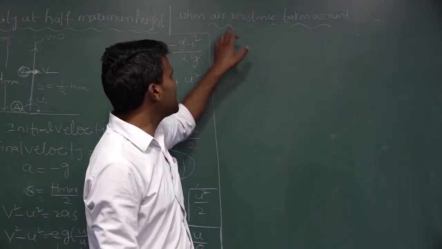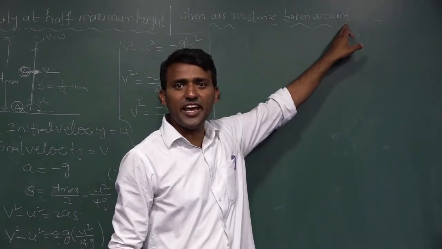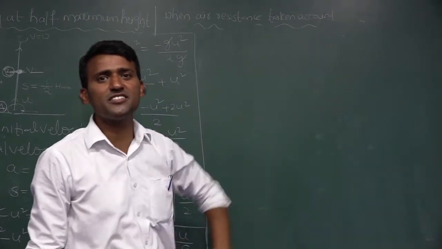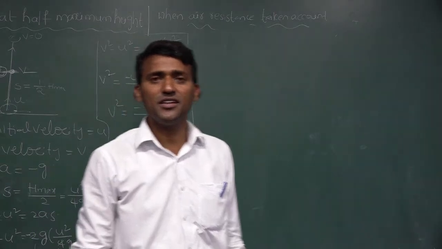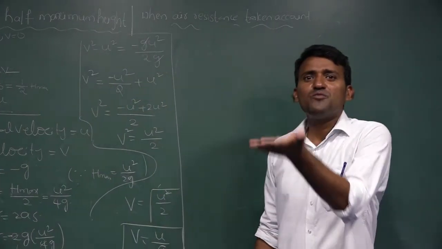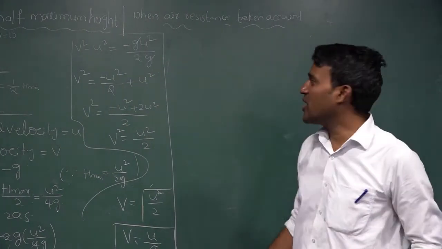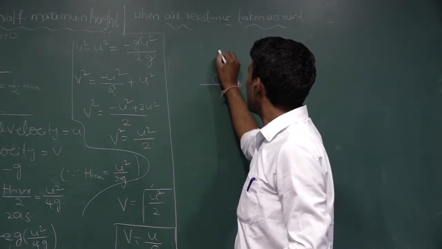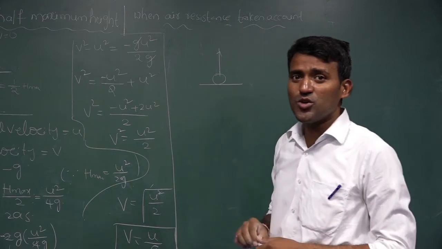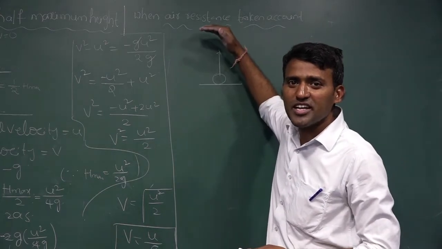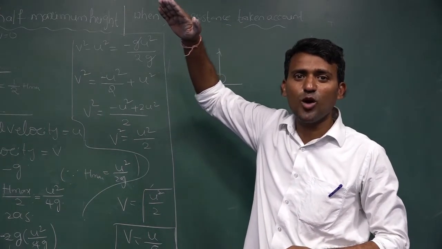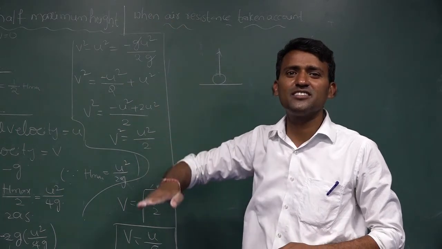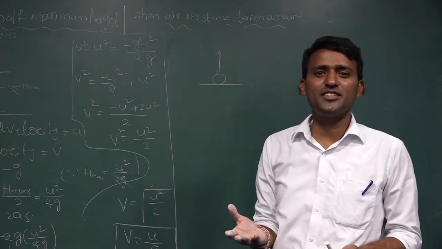Okay. When you take air resistance into account, when the object is going in the upward direction, the velocity of the object is gradually decreasing. How is it decreasing?